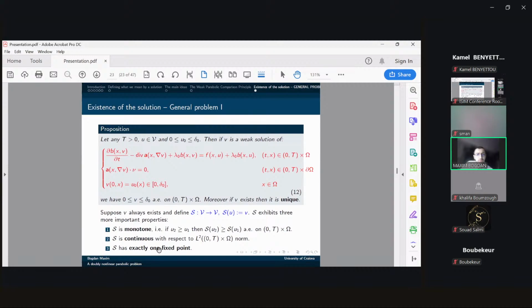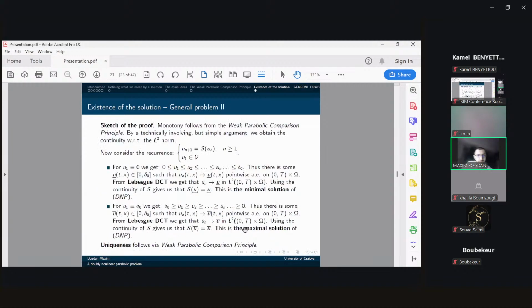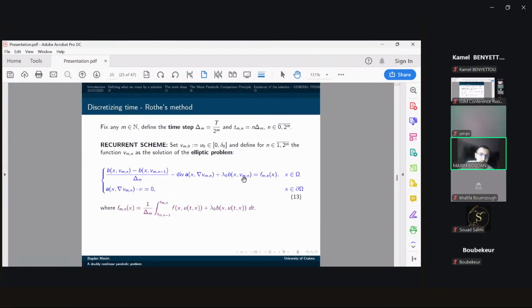It is monotone, continuous, and has exactly one fixed point. To obtain the fixed point, we use some monotone methods. We obtain a minimal solution and a maximal solution, and then we show that the two are equal. So no other solution can exist.